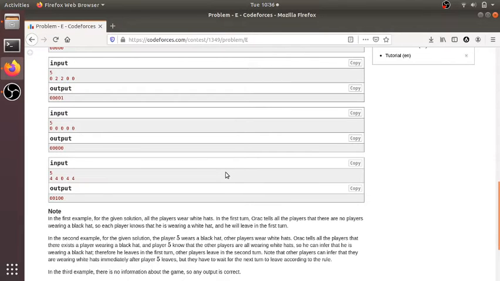So if they know that there is a... turns out some information of the game, so any output is correct.